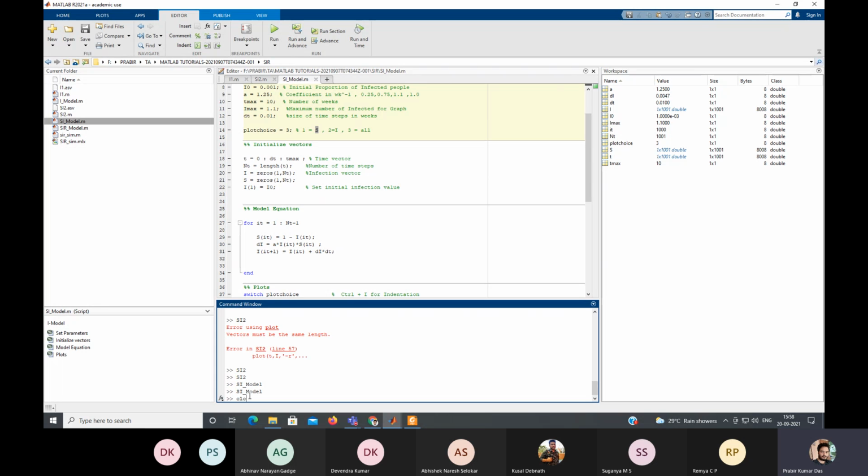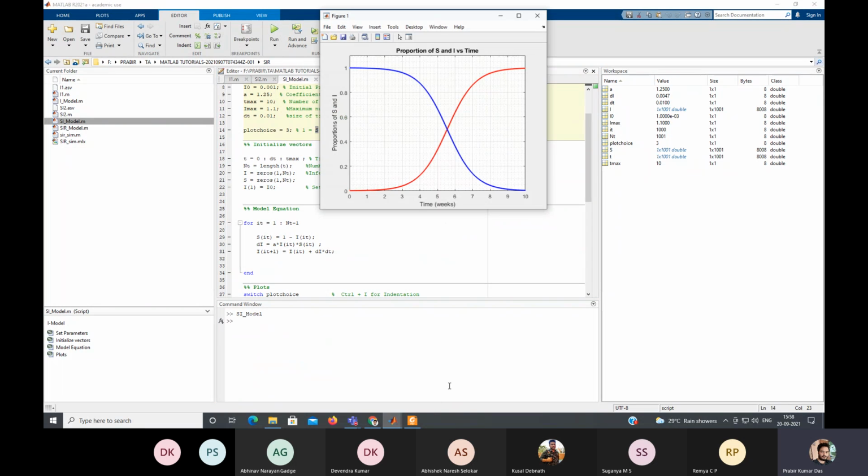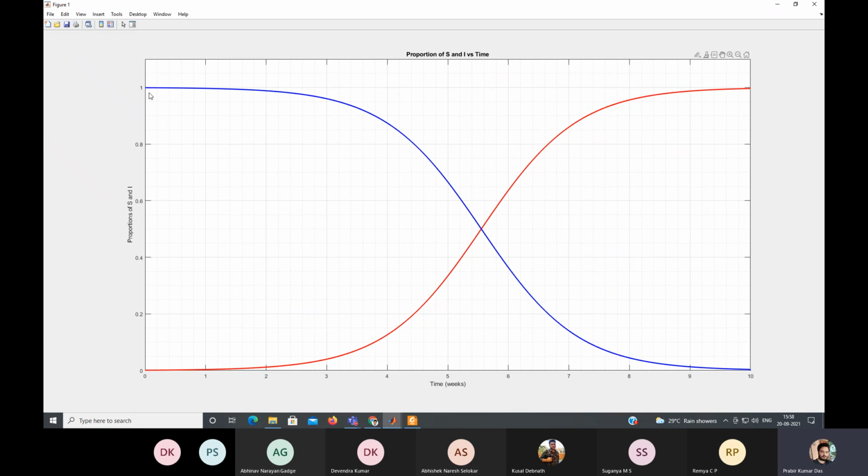If we run this, this will make this kind of curve. So this blue line is S versus T, and this red line is basically I versus T. So this is our susceptible graph, and this is our infected graph.